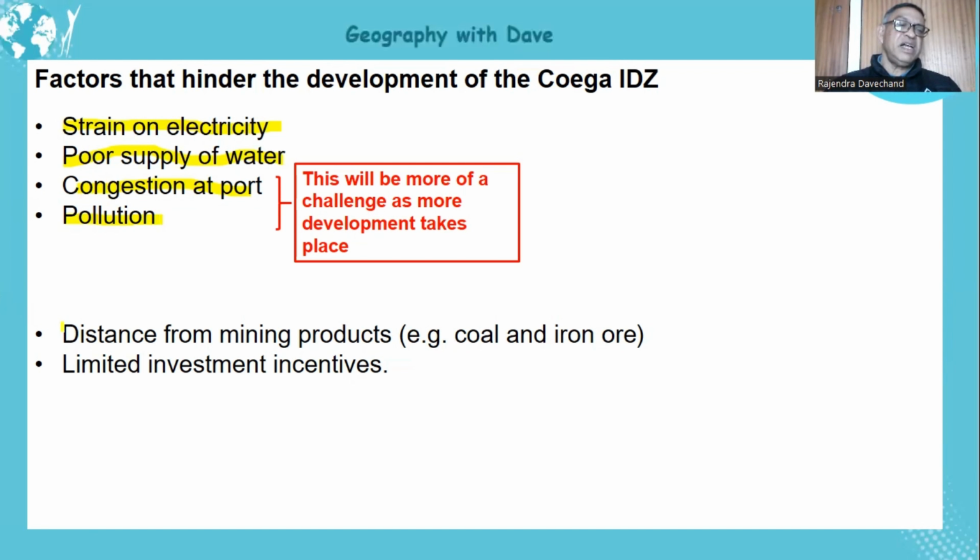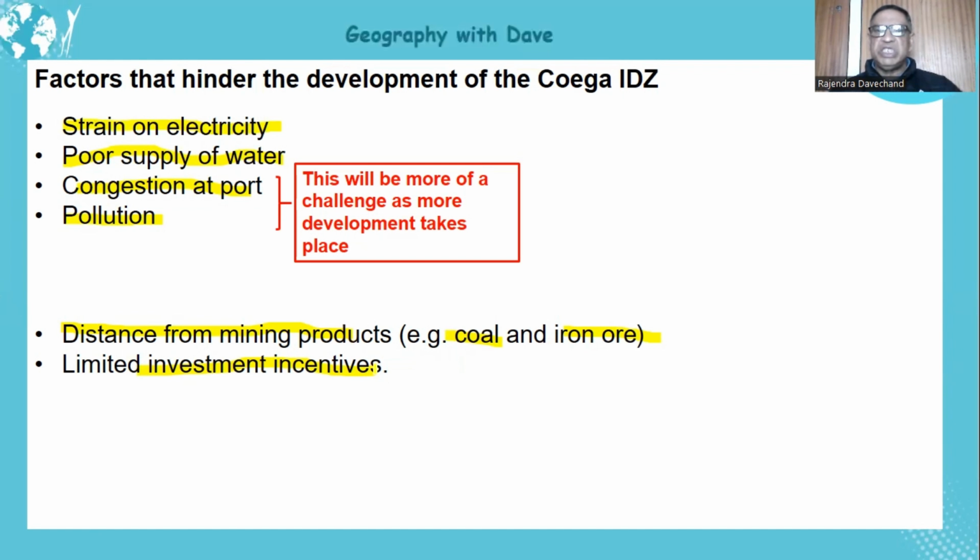Another smaller factor is the distance from mining products. Many of the mining products are inland, for example things like coal and iron ore, which are found more inland in this area. And another smaller one is limited investment incentives, especially from government.